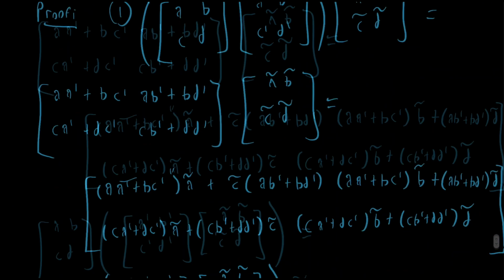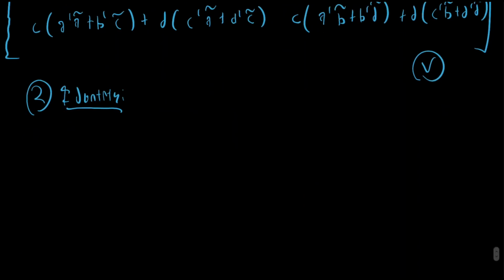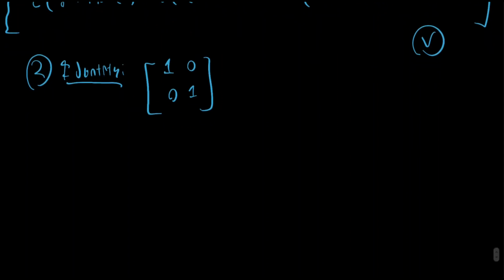So now for the second property, we want to find an identity. An identity here will just be the following matrix: 1, 0, 0, 1. And you probably remember this from the linear algebra courses.